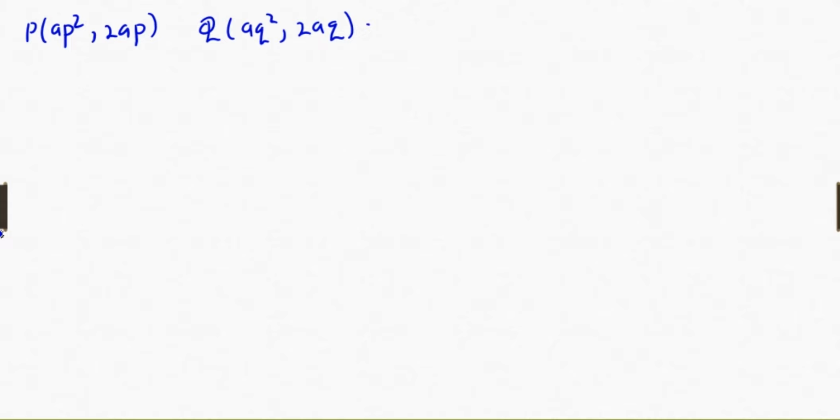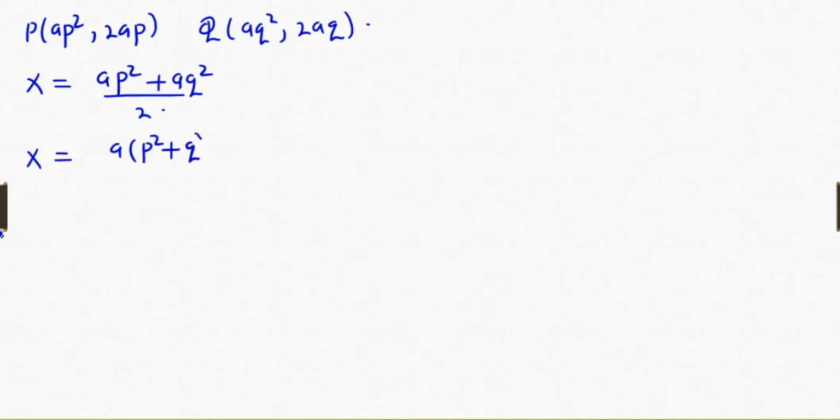So we are going to say the midpoint of x is equal to ap squared plus aq squared, everything divided by 2, implying that our x equals a into p squared plus q squared, everything divided by 2.